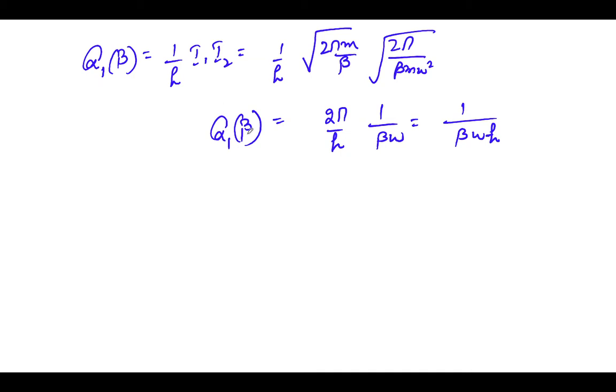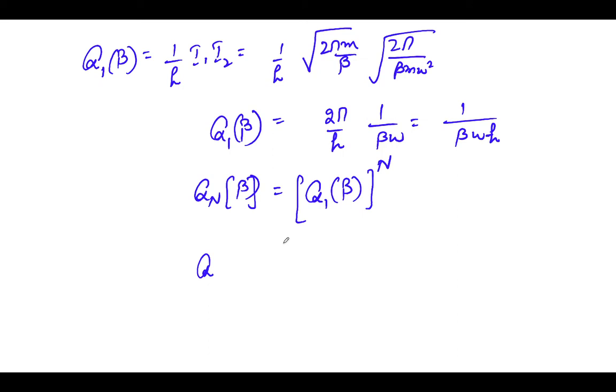So from here we can write the partition function for n oscillator systems. For n oscillator systems we can write Qn, and it comes out to be q1, the partition function of one oscillator, raised to power n. So for the n oscillator problem, the harmonic oscillators are generally considered as distinguishable because these oscillators are only a representation of energy levels and are not considered as particles.